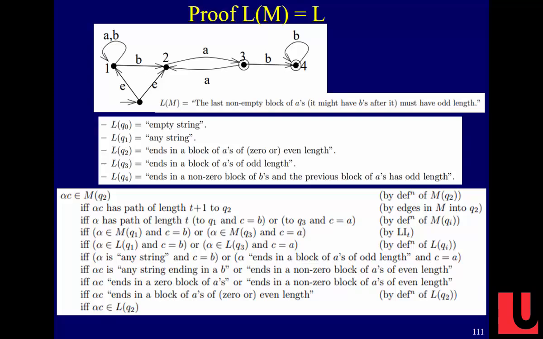My arbitrary string is alpha c, because alpha has length t and c has length 1. Now I want to prove alpha c is in here if and only if alpha c is in here. Up here you have alpha c is in there, and down here you have alpha c is in there.